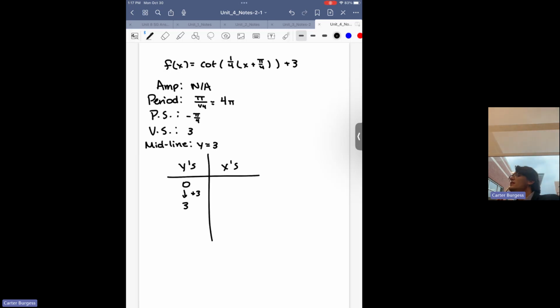Now with tangent, what were our 3 significant x values? Yeah, negative pi over 2, 0, and pi over 2. Those were a little weird compared to what we normally work with.